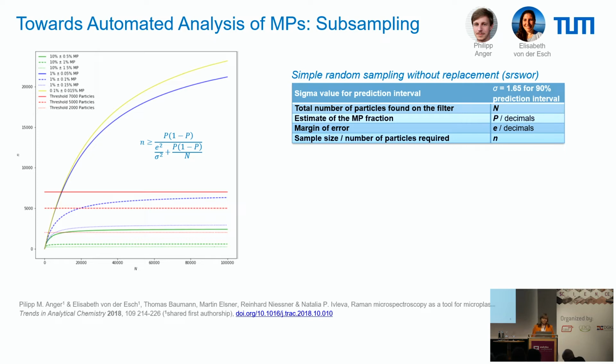From an analytical point of view, we know that analysis of 1 or 2 particles will not be sufficient. Normally we have a lot of particles on our filter, sometimes even up to 1 million particles on one filter. Here is the question: how many particles have to be analyzed to make this analysis analytically sound? To answer this question, we applied the random sampling without replacement method. It's a statistical method which is also used for the prediction of election results.